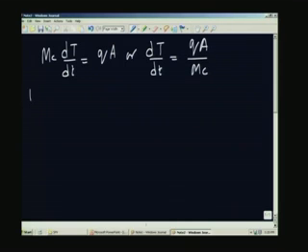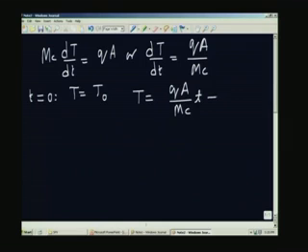and initially at t equal to 0, we are assuming that T is equal to T naught, which is the temperature of the slug at t equal to 0, and therefore, if you integrate this once, you will get T is equal to QA by MC multiplied by t plus some constant of integration, and putting t equal to 0, T equal to T naught, that is what is going to happen.